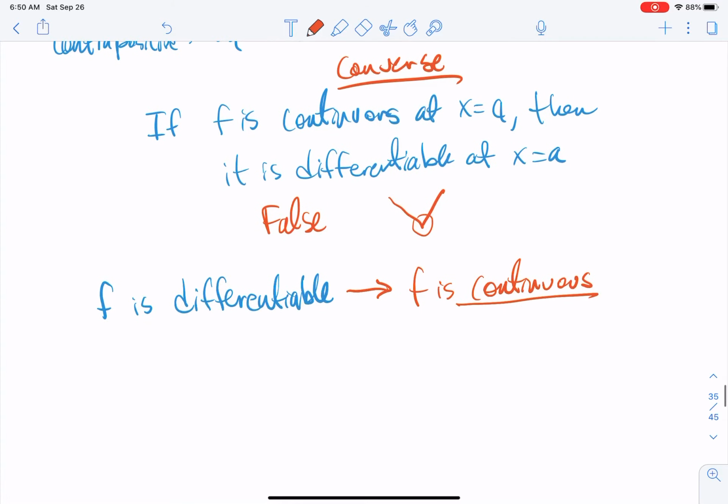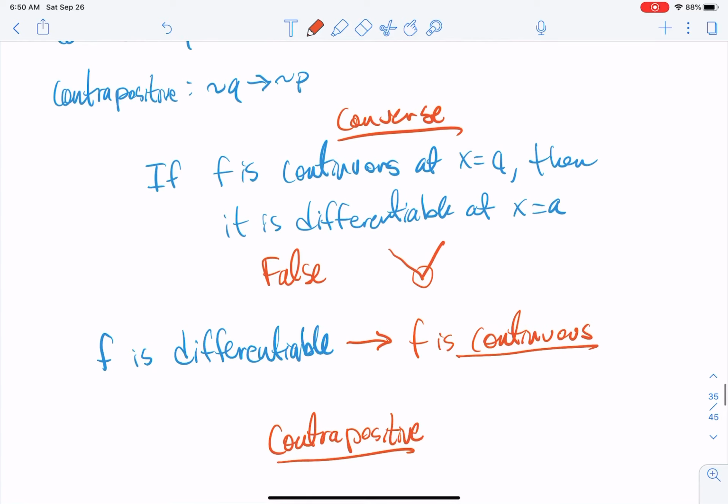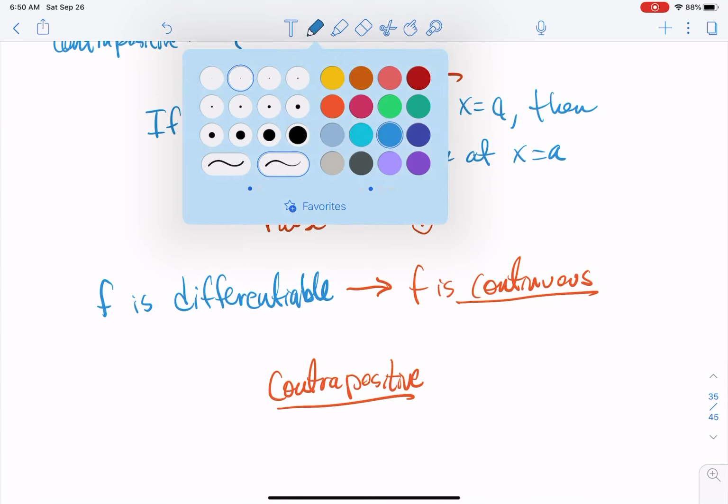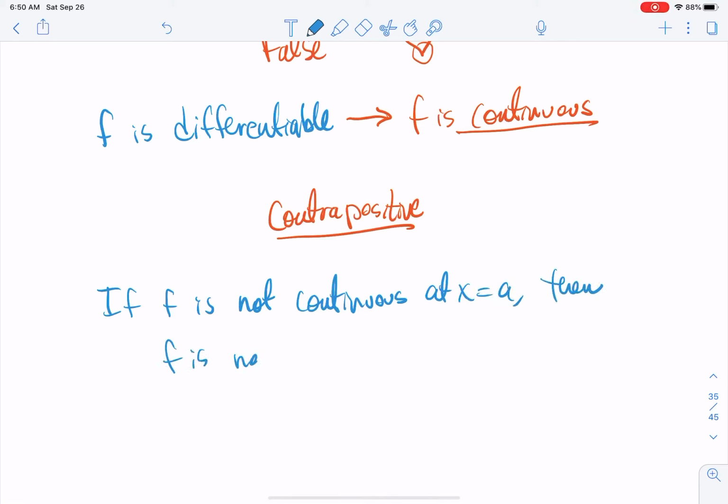All right, let's look at the contrapositive. Contrapositive, I'm going to flip and negate it. Do you remember the relationship between an original statement and its contrapositive? Anybody? I hear nothing but silence. All right, so we're going to flip and negate it. If f is not continuous at x equals a, then f is not differentiable at that point, at x equals a.